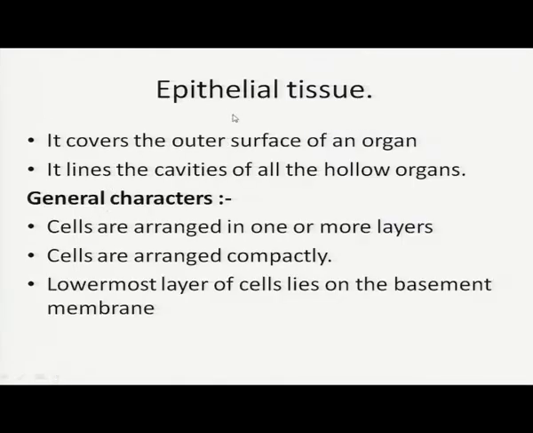Now, first category, the epithelial tissue. It covers the outer surface of an organ. Moreover, it will form a lining layer on the cavities of all the hollow organs. Now, what are the general characters or salient features of this epithelial tissue?